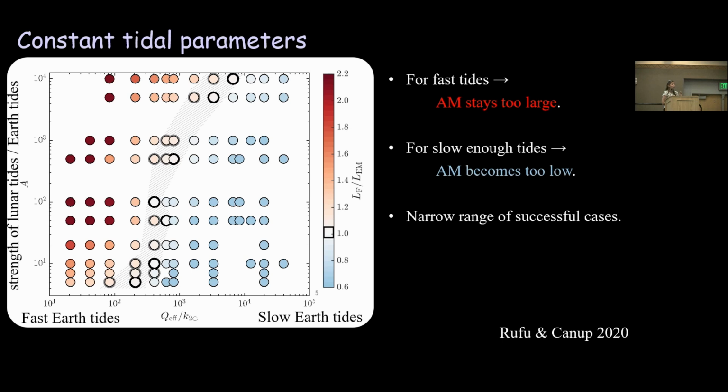And in between, you have a range of successful cases where you are able to get captured into evection resonance and then exit the quasi-resonance to be consistent with the current value. And what we concluded is that in a narrow range of successful cases, indeed, evection resonance is efficient in removing enough angular momentum.